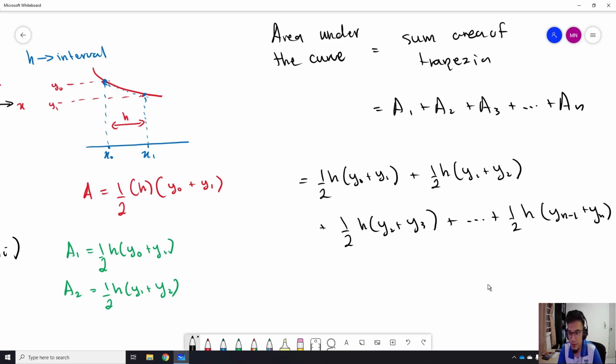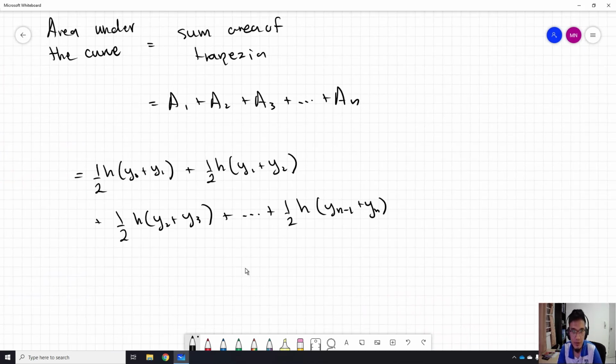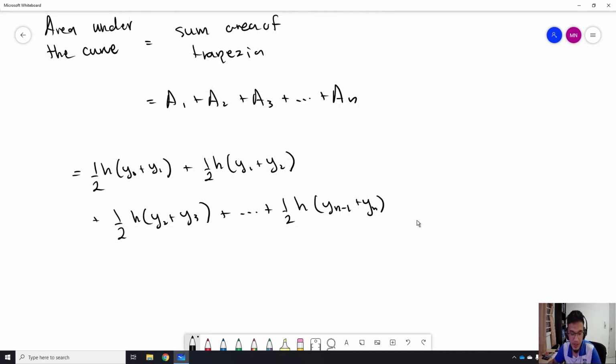This is the formula for the sum of the trapezia, and this equation can be simplified.